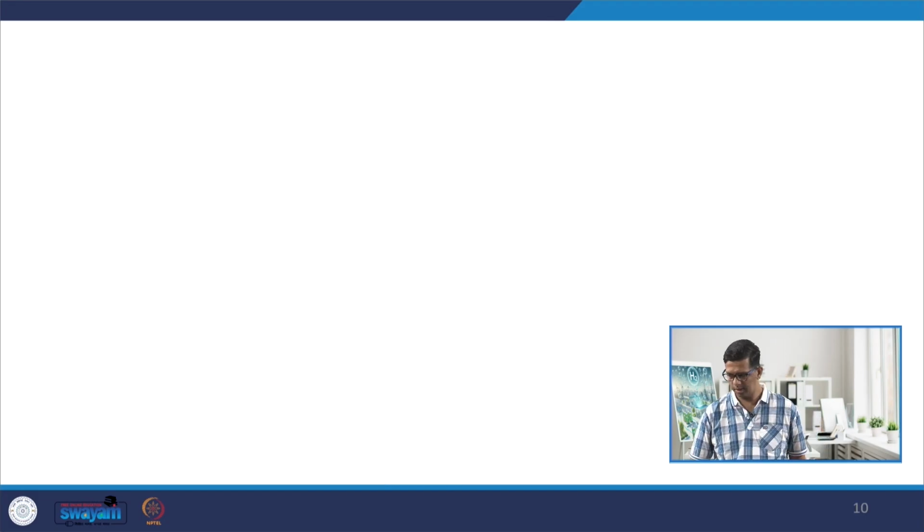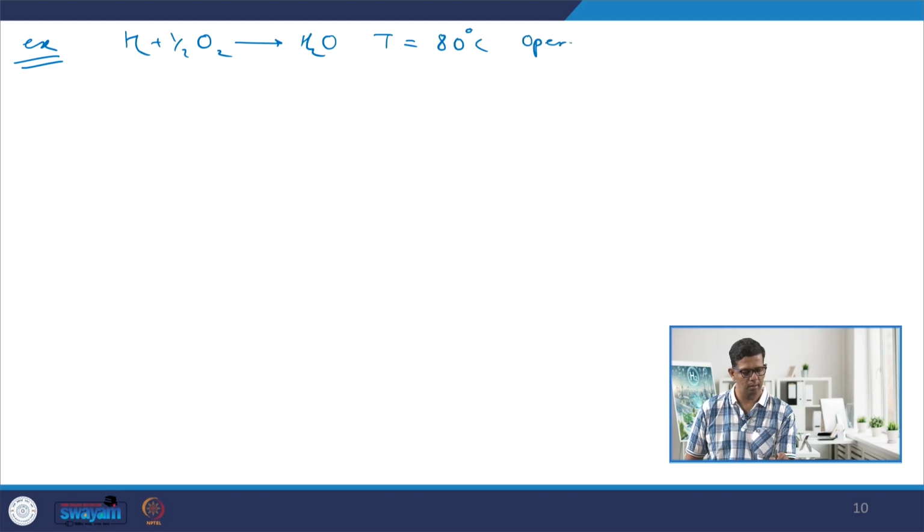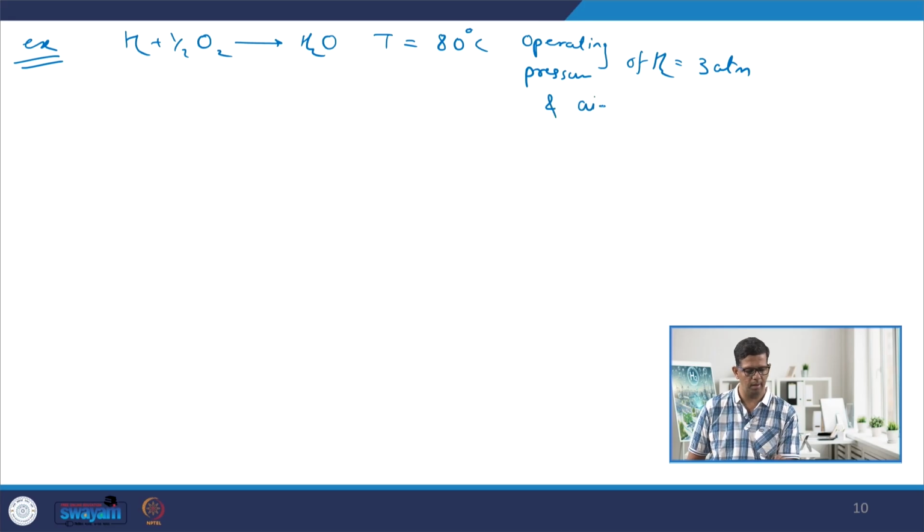Let's move on to another example wherein we have a hydrogen and oxygen fuel cell, which is operating at, let's say, 80 degrees Celsius, and the operating pressure of hydrogen is, let's say, 3 atmosphere, and air is being supplied instead of oxygen.